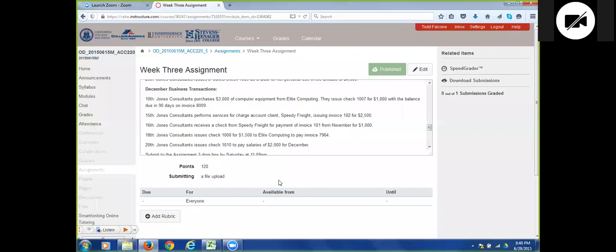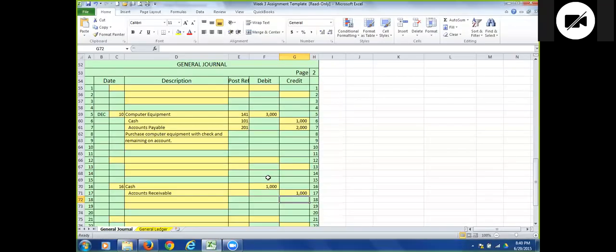Now you're receiving payment, so you have to decrease your accounts receivable to show that that customer has paid their invoice, so you credit accounts receivable. And you could just put receive payment from Speedy Freight. Okay, and then I see we got our next transaction, December 18th, so we'll do that one after this.